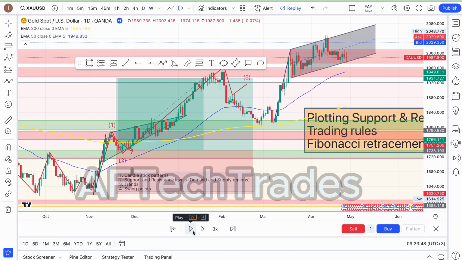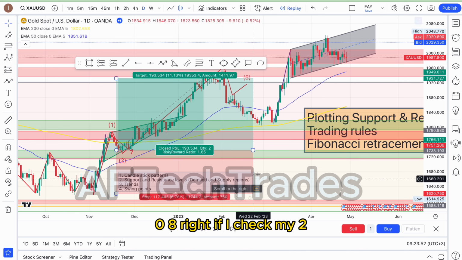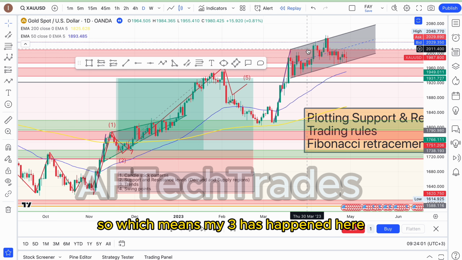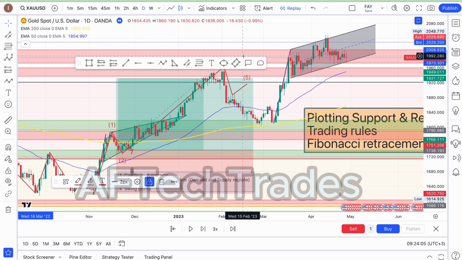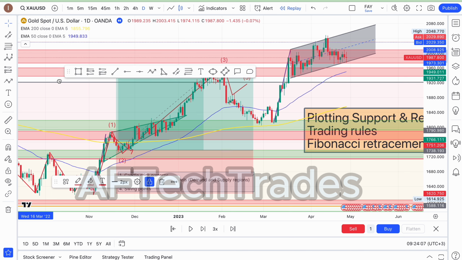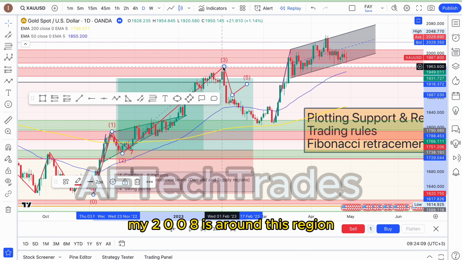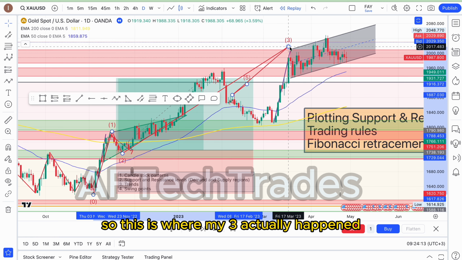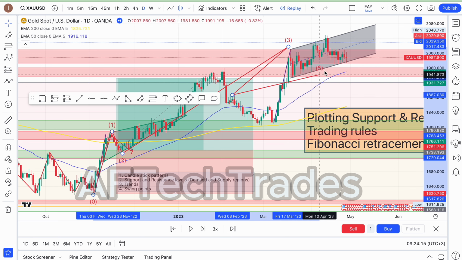Pause. We said 2008, right? If I check, my 2008 is around this region, which means my trade has happened here. This is where my trade actually happened.